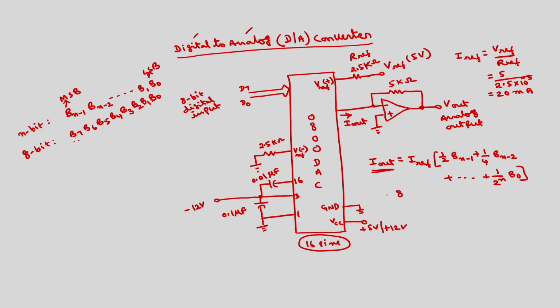If it is for 8 bit, so this I out will be, n becomes 8. So this is equal to I reference into B7 by 2 plus B6 by 4 plus so on up to B0 by 2 raised to the power of 8, which is equal to 256.